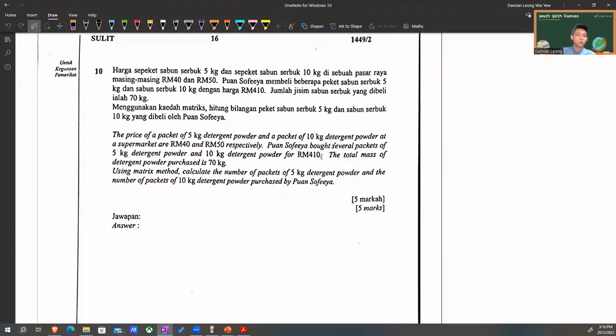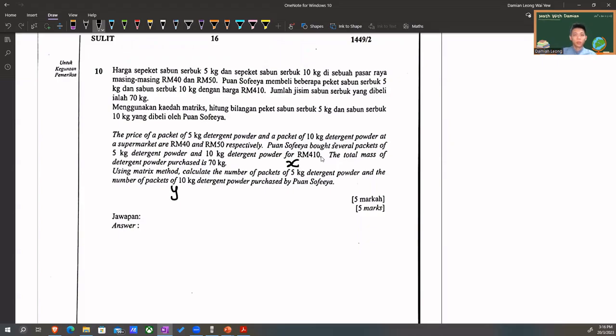So they want you to use matrix method to calculate number of packets of 5 kg detergent powder and number of packets of 10 kg detergent powder purchased by one Sophia. Let's put number of packets of 5 kg as x, for 10 kg as y.